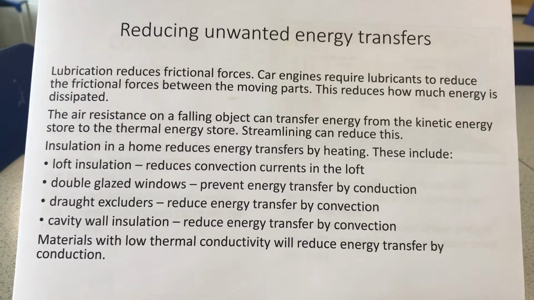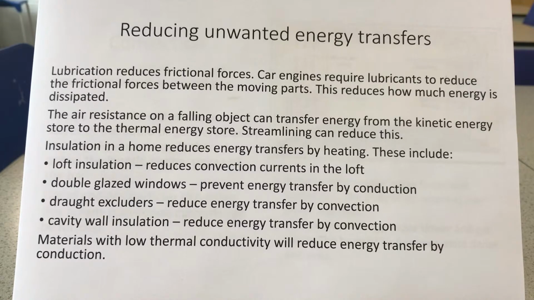And cavity wall insulation. So the building has the outer skin of wall and the inner skin of wall, and there's a gap in between. So it's kind of like double glazing. And we can fill that with cavity wall insulation, which is kind of like expandable foam. Lots and lots of gas bubbles trapped in there to reduce energy transfer by convection. We can also think about the materials that we choose.